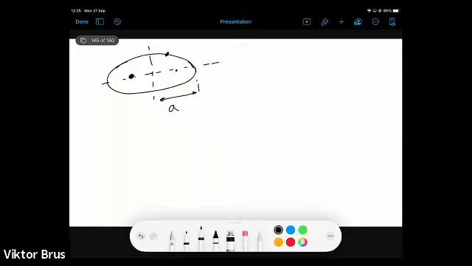There are also other characteristics like this B here, but it's not so relevant for mathematical operations in the scope of Kepler's law. So this semi-major axis is the main characteristic, and also the position of the focus.